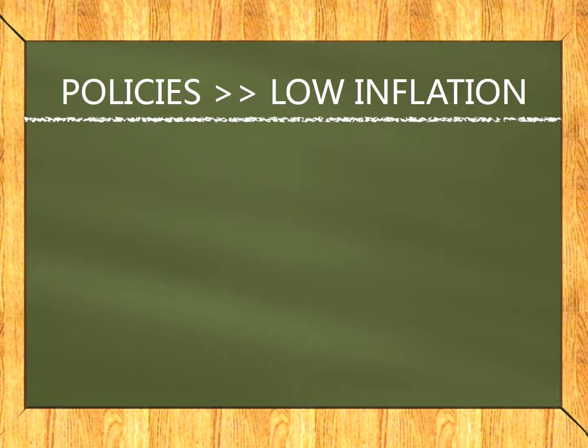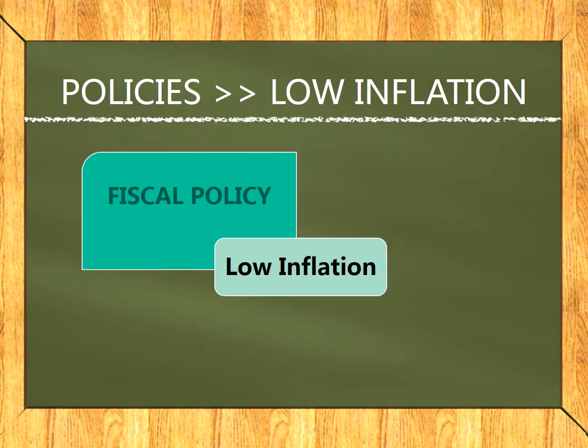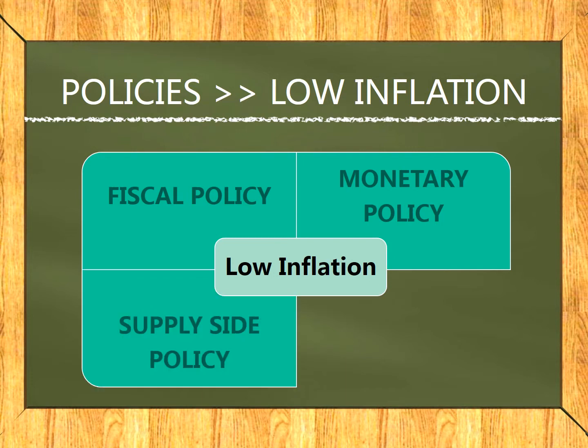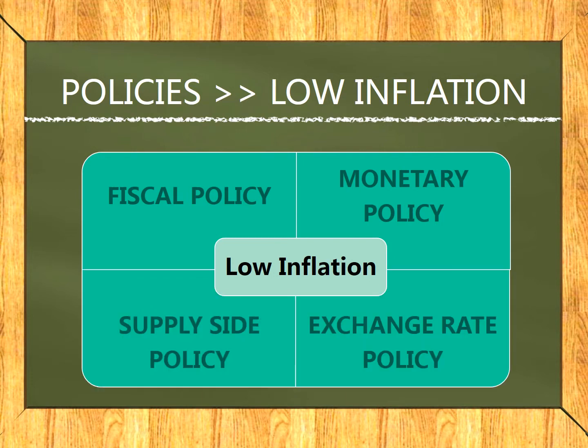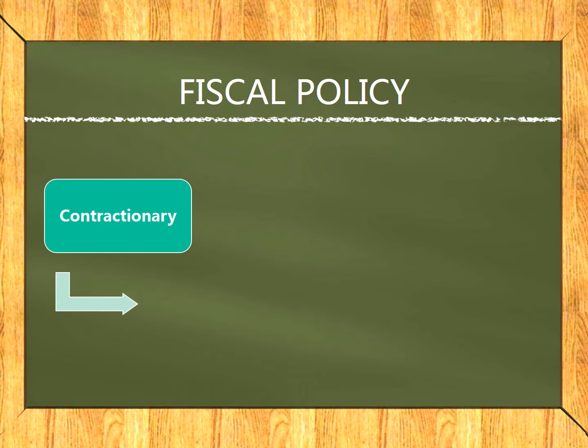With this, let us now take a look at how the government can further achieve low inflation. This can be done through fiscal policy, monetary policy, supply-side policy, and lastly, exchange rate policy. We will take a look at the implementation of a contractionary fiscal policy. In order to bring down inflation, fiscal policy must be contractionary.